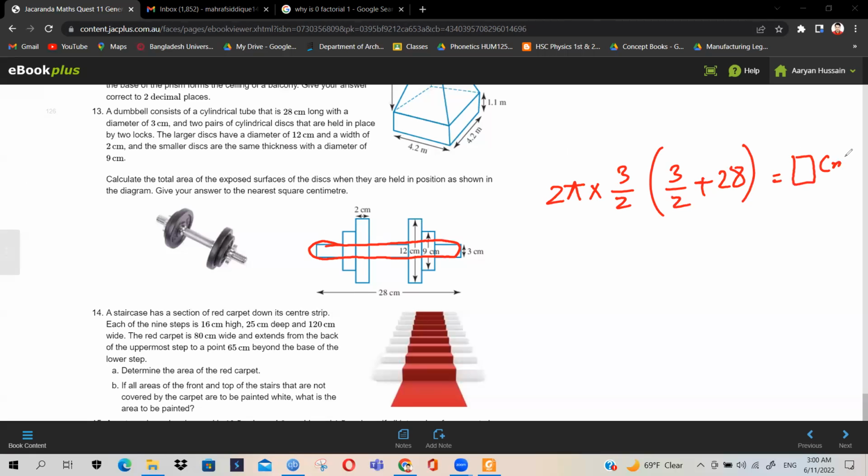This will be in centimeter squared. So we have got the area for the steel rod. Now what is the area for the discs?